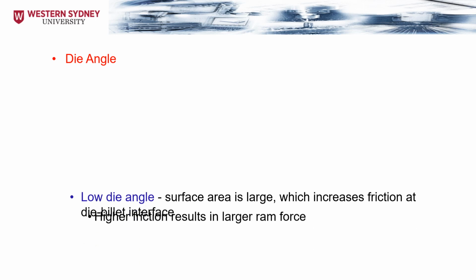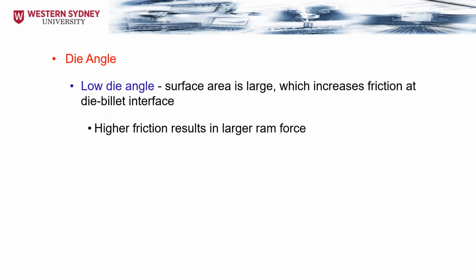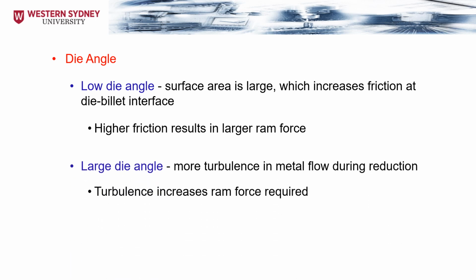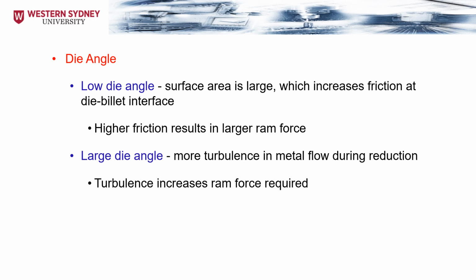Now the effect of the die angle again. With a low die angle, the surface area is going to be large, which will increase the friction at the die billet interface. Higher friction is going to result in a larger ram force. For a large die angle, there is more turbulence in the metal flow during the reduction, and the turbulence will also increase the ram force required.